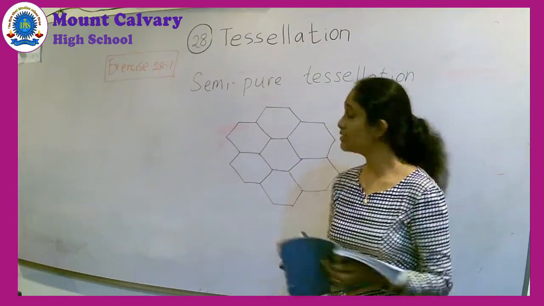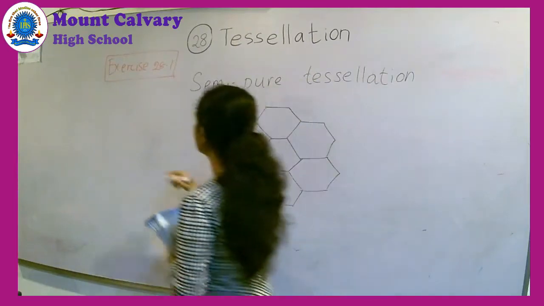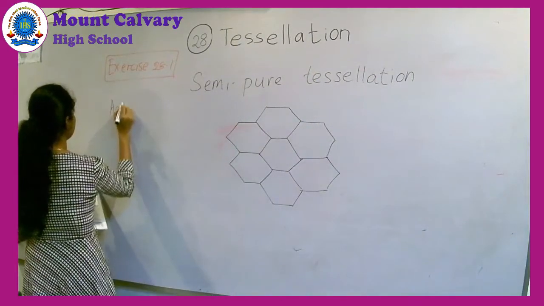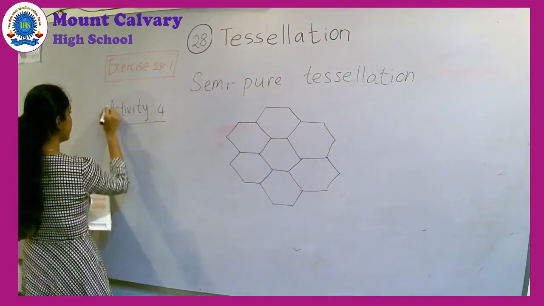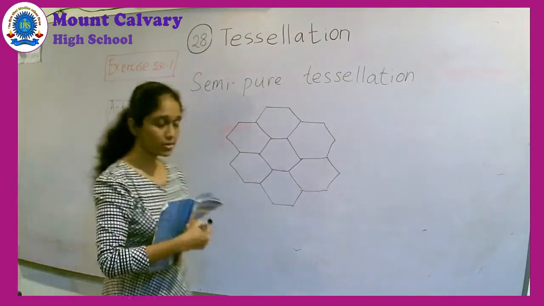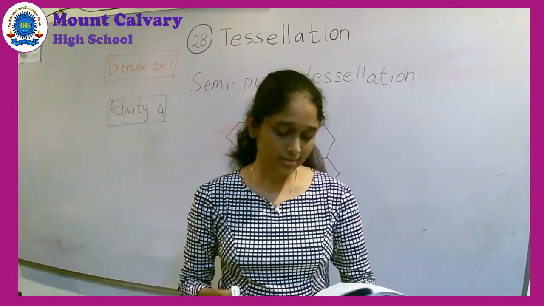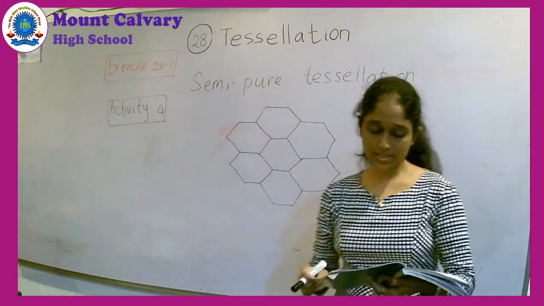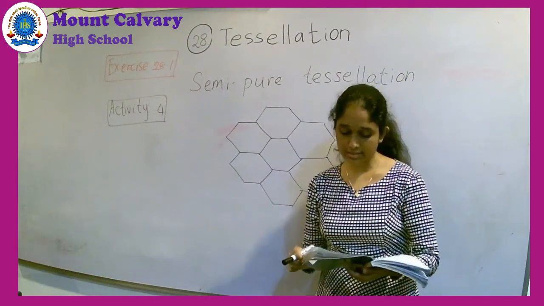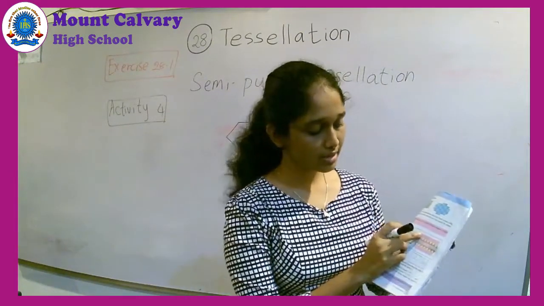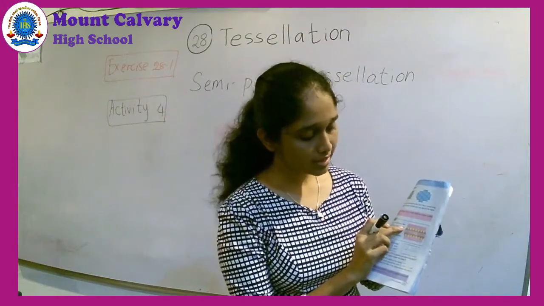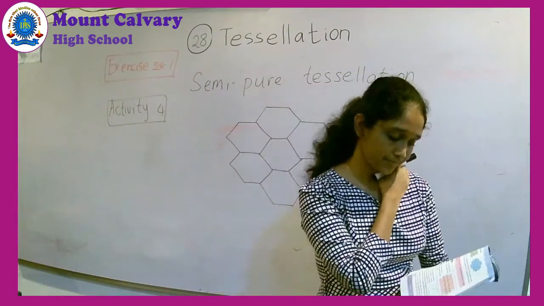Then activity 4. There are more activities in this lesson, right? Because this is a very interesting topic. The figure shows a tessellation that has been created using triangles and quadrilaterals, right? So can you identify? Yes, squares, triangles, again squares, right?